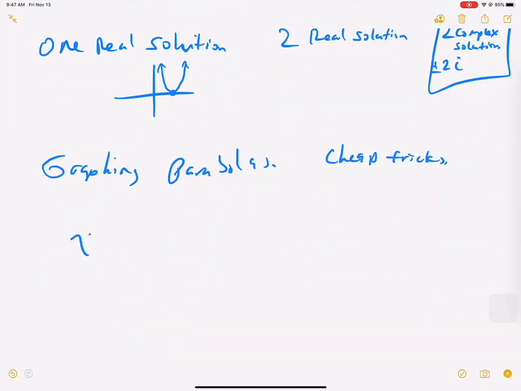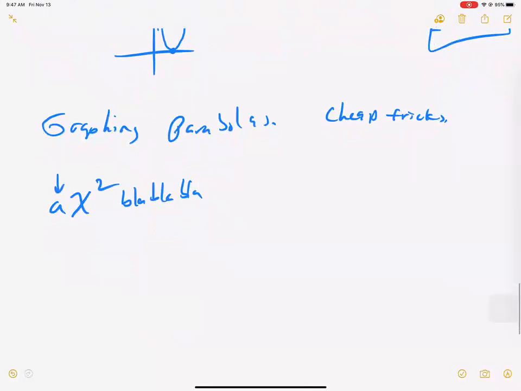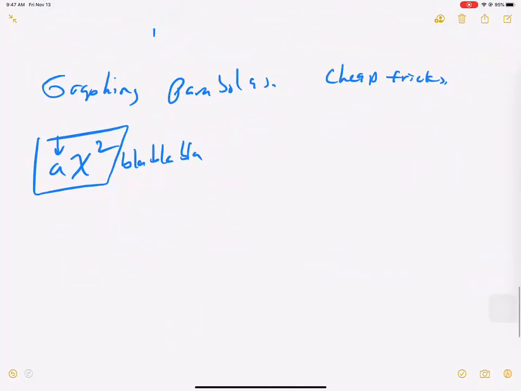First, if it's x squared with a positive a value, the back part could be whatever you want. I don't really care about the back. We're going to be able to tell the graph of the parabola just by looking at this front key right here. If a is greater than 0, if a is positive, you can guarantee your graph is facing up already.